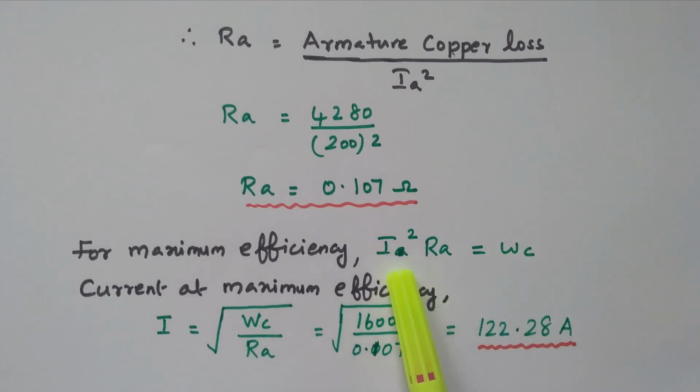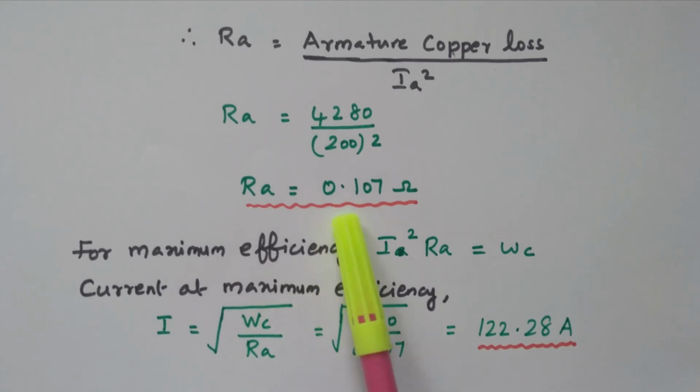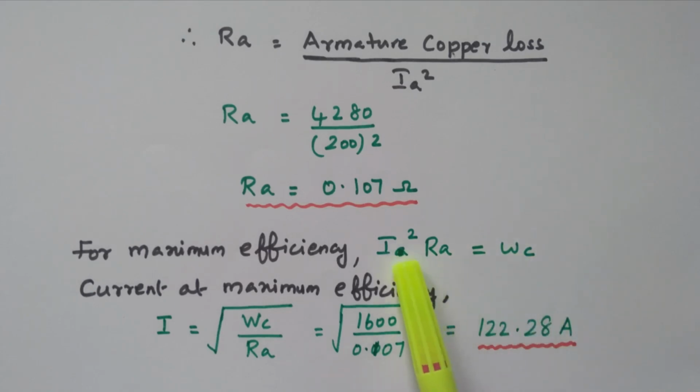Right. So from this equation we can find I equals square root of Wc divided by Ra. The Wc is already available, constant loss is 1600. Ra we calculated as 0.107. So I square Ra equals Wc, so I equals square root of Wc by Ra. These two values are substituted.